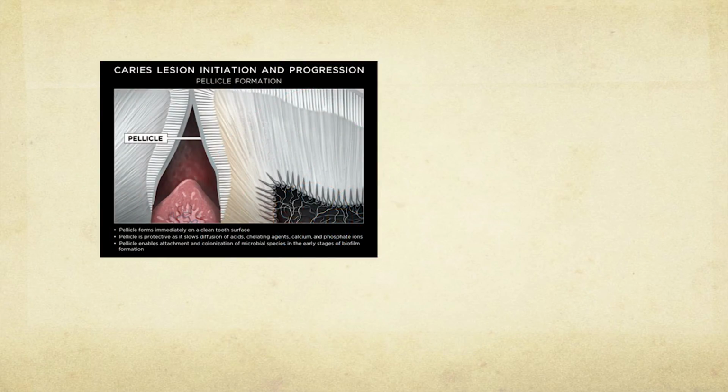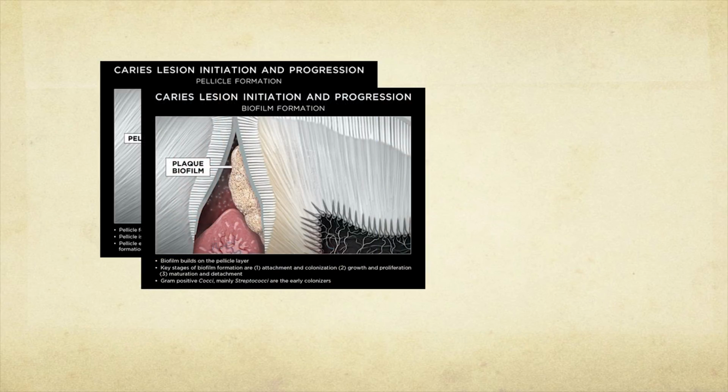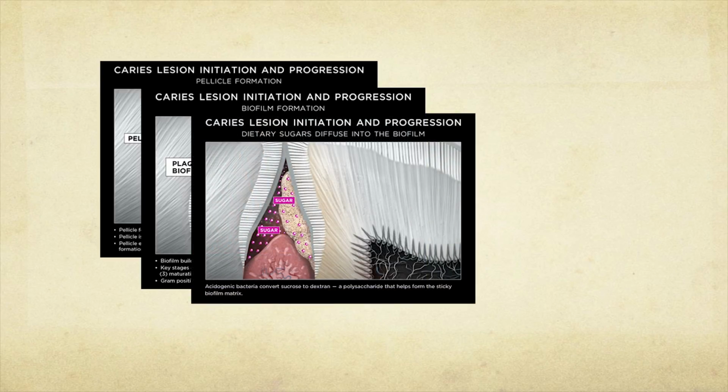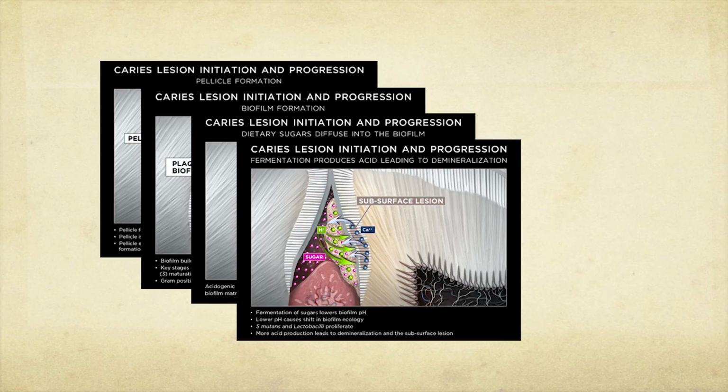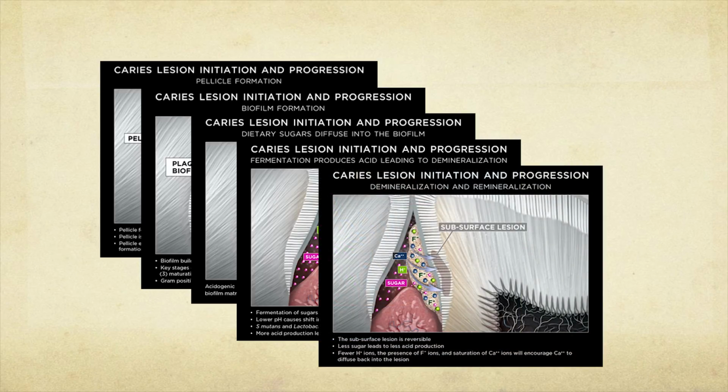But your initial process of caries, you're looking at a histosection of a tooth. At the enamel, the first thing you form is a pellicle on the tooth, and this pellicle easily colonizes, as it harbors microorganisms, and specifically the streptococci, which are gram-positive cocci, are the early colonizers in this area. They interact with the sugar and break it down to create an acidic environment.